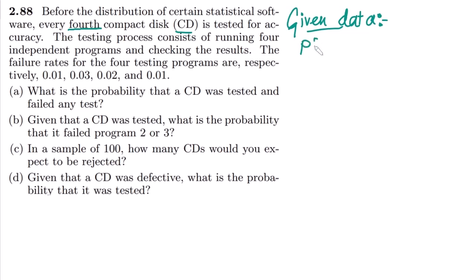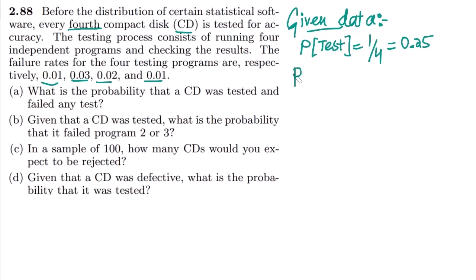So the probability of a test is 1 over 4, and this is 0.25. Okay, the testing process consists of running 4 independent programs and checking the results. Okay, so therefore we have 4 tests. So the failure rates for the 4 testing programs are respectively 0.01, 0.03, 0.02 and 0.01. Okay, so let me write them as probability of failure in test 1, test 2, test 3 and test 4.